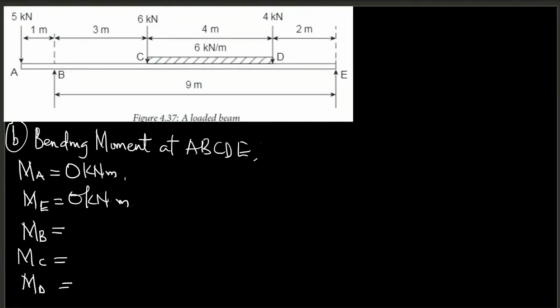So the moment at B, I said that we are going to use sign convention, right? Using the sign convention, if it is pointing down, you use negative sign.